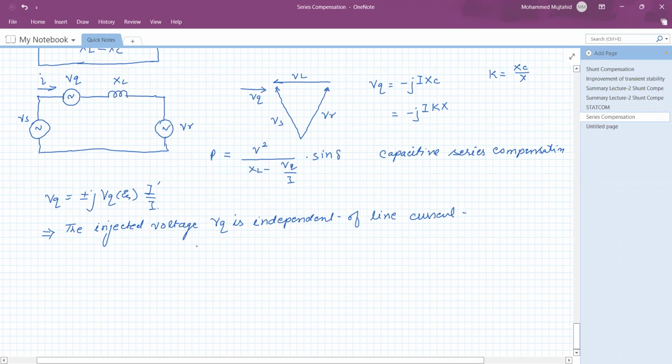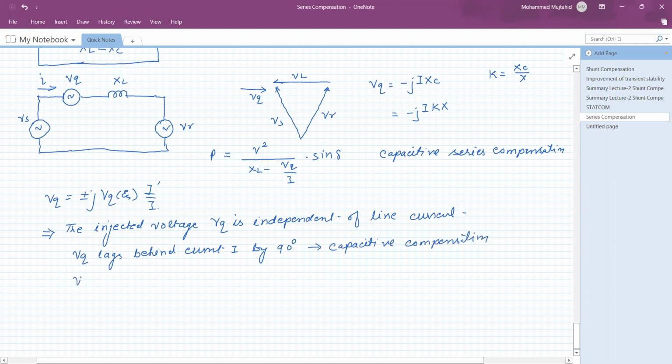Okay. So when VQ lags behind the current I by 90 degree, then it is called capacitive compensation.